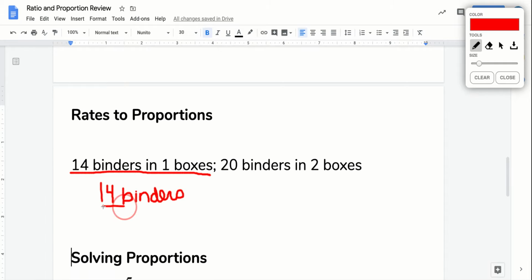Is it equal to 20 binders in 2 boxes? Make sure you have your labels.